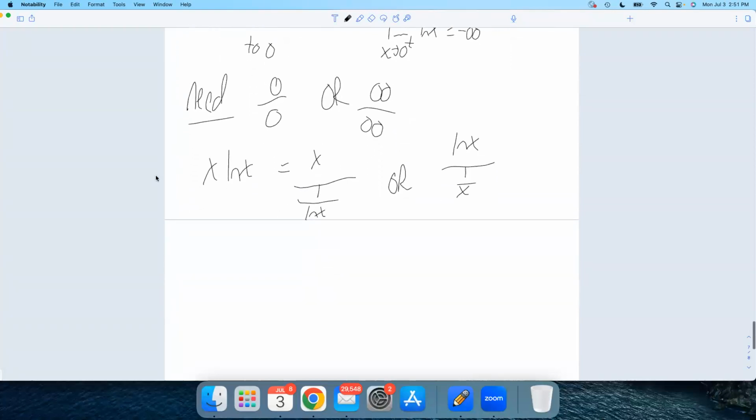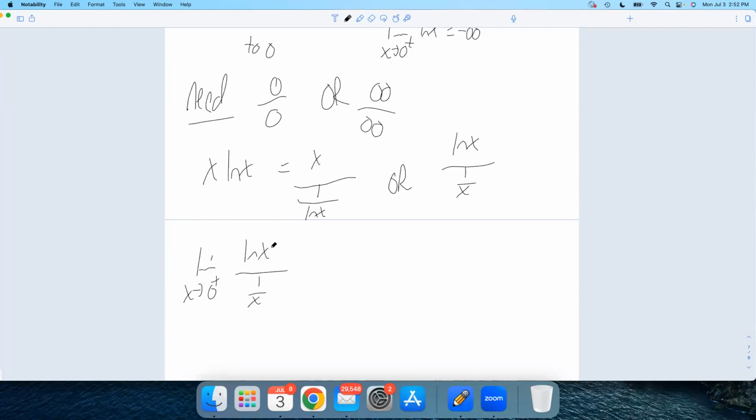Let's look at both of those. We're actually going to do this problem both ways, but you'll see that this is the one we want by far. So let's look at the limit as x approaches 0 from above of natural log of x over 1 over x.